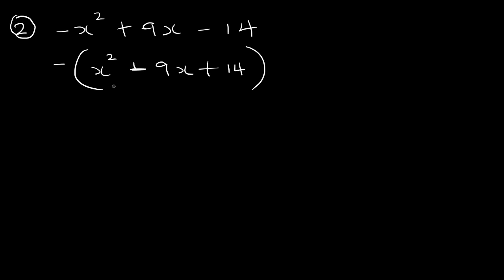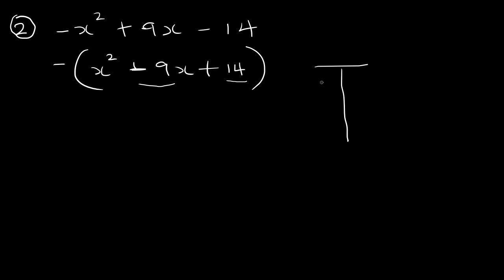So from our previous problem, we said that whenever 1 is the coefficient of x squared, what we'll do is we'll take the constant term, which in this case is 14, as our product, and minus 9 becomes our sum. So we'll look for two numbers that will multiply to give us positive 14, and if we add up the two numbers, we'll get minus 9.